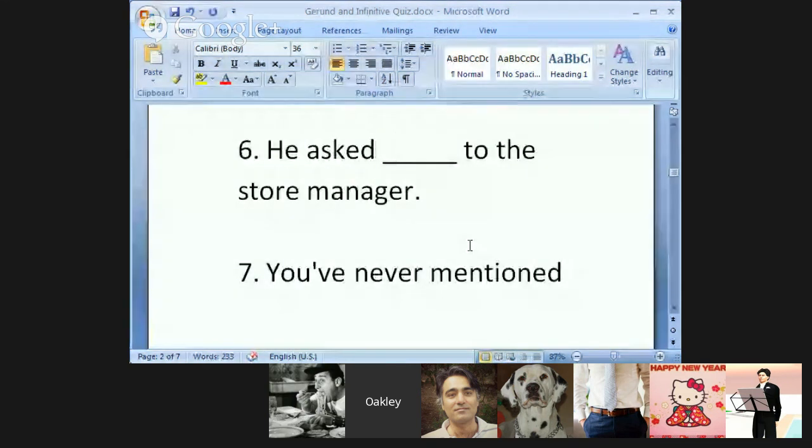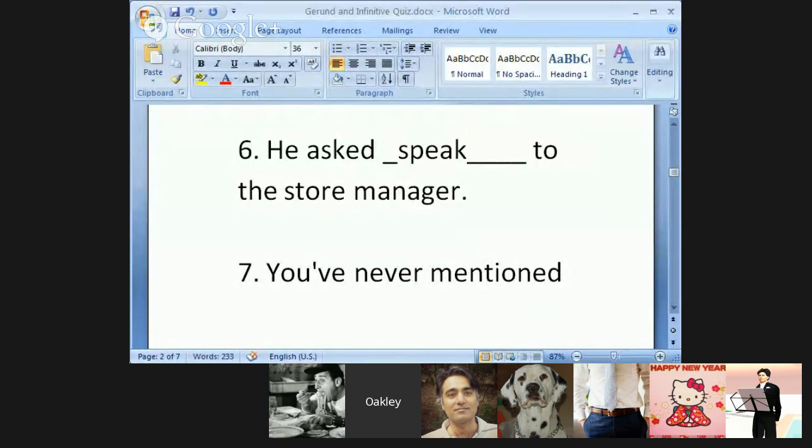Which verb can we use? He asked to speak. Yeah, absolutely. I would use an infinitive after ask.